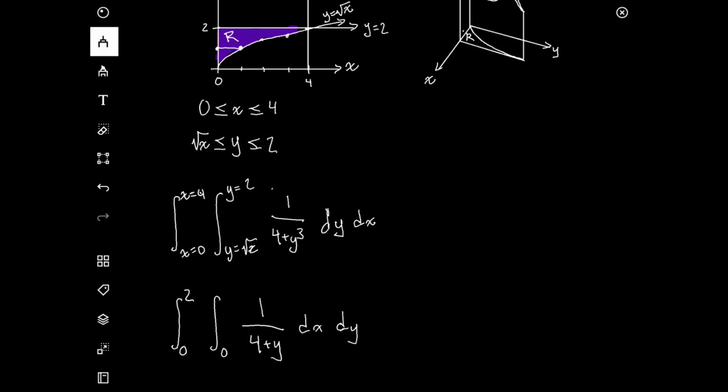Now we can't say square root of x, because these are equations for whatever the variable is, so we can't say x equals square root of x. Instead, we look at that equation and say x equals y squared. You're just solving this equation right here for x.